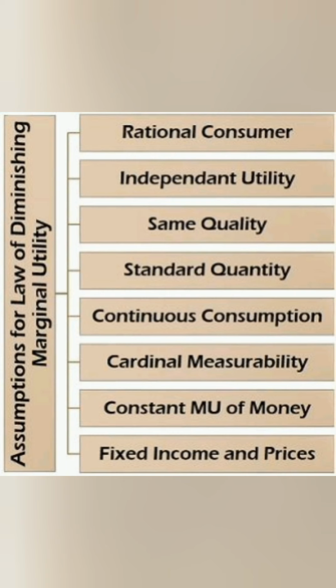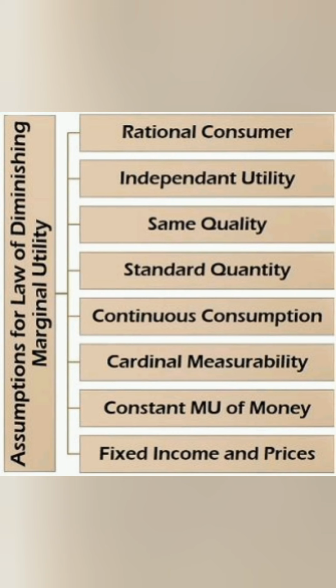Fifth assumption, continuous consumption. The commodity must be consumed one after the other at the same time without any interval. Sixth assumption, cardinal measurement. It is assumed that the utility of a commodity can be measured quantitatively, that is, in terms of numbers 1, 2, 3, 4 and so on. Seventh assumption, constant marginal utility of money.